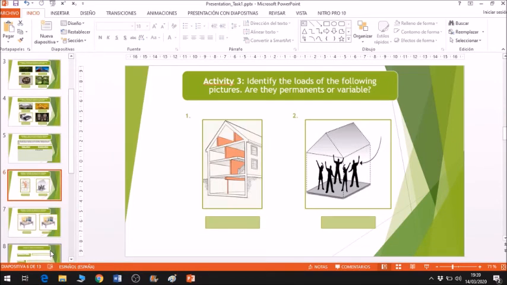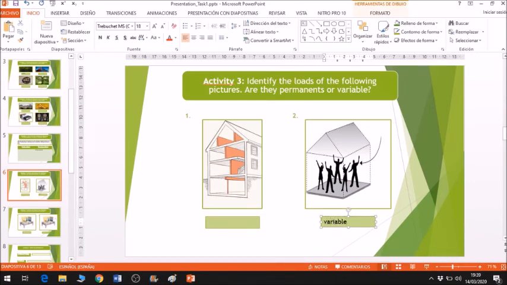Activity number 3. You have to tell me if the loads that appear on the pictures are permanent or variable. For example, people, variable. They can be inside of the house, but maybe tomorrow they are not inside of the house, so it's a variable load.